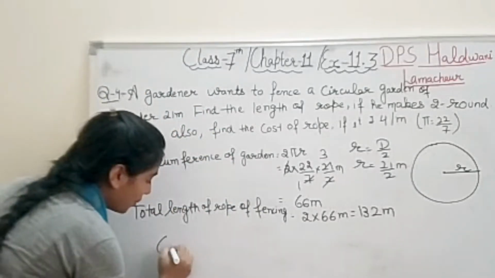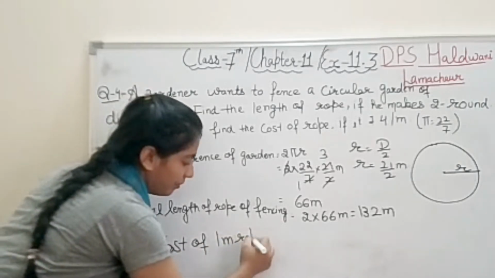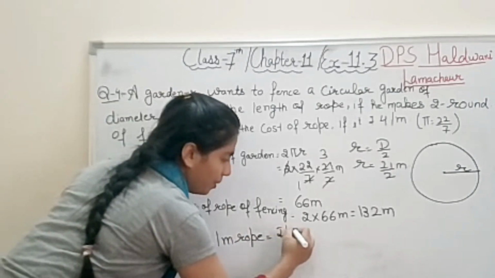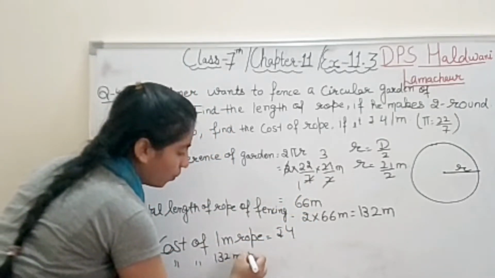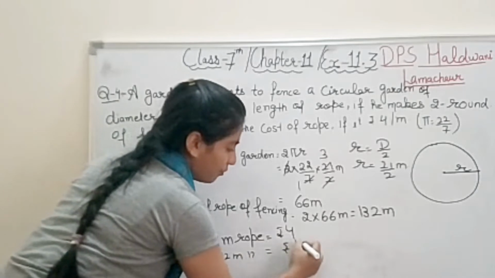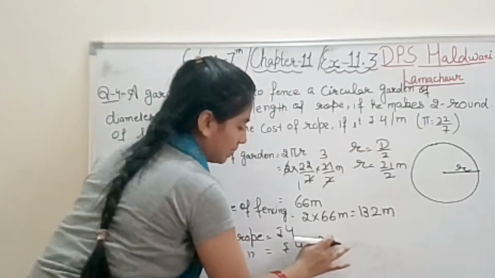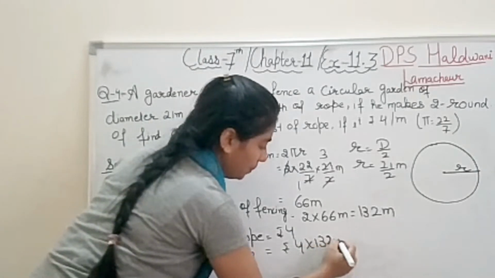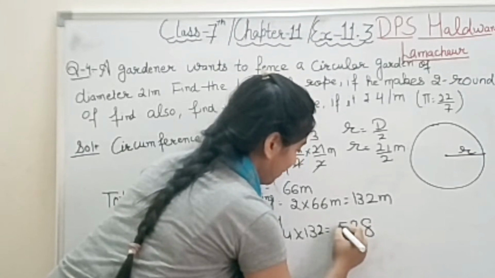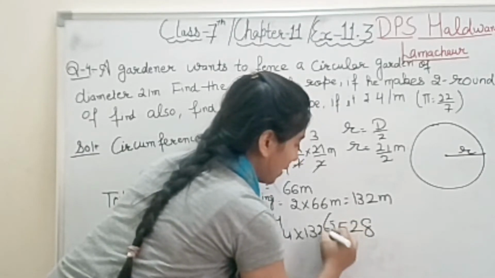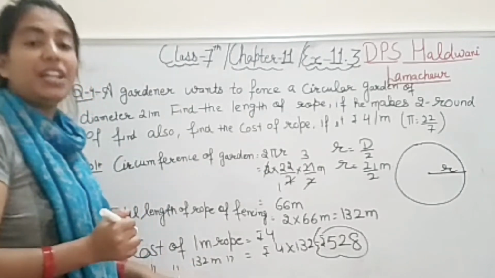So you will write: cost of 1 meter rope will be rupees 4, and the cost of 132 meter rope will be rupees 4 into 132. The answer is 4 2s are 8, 2, and then 5, 4 5. So it means 528 rupees is the total cost for the rope.